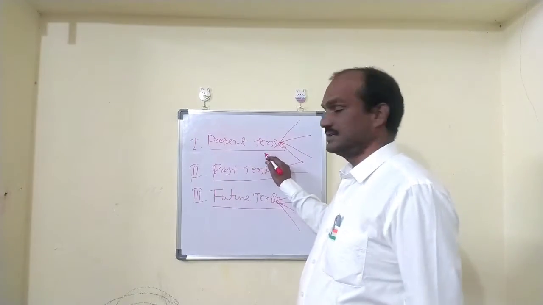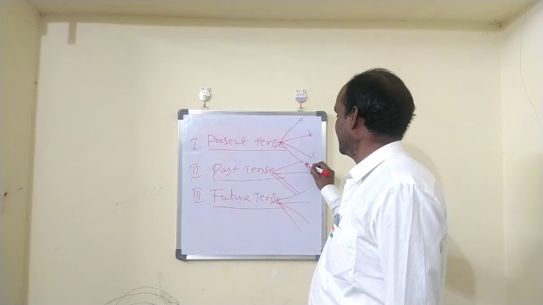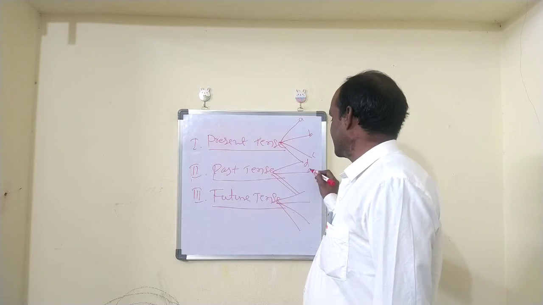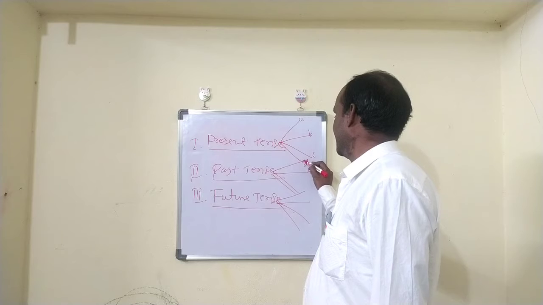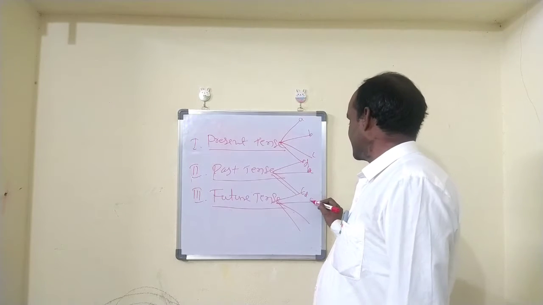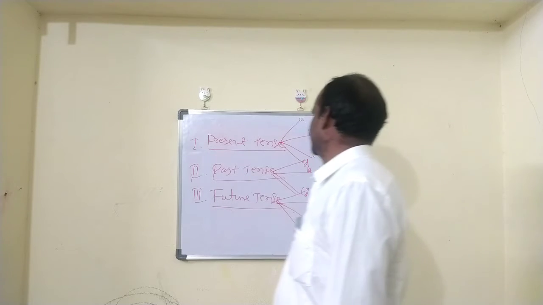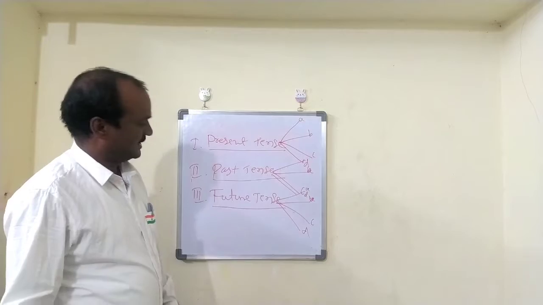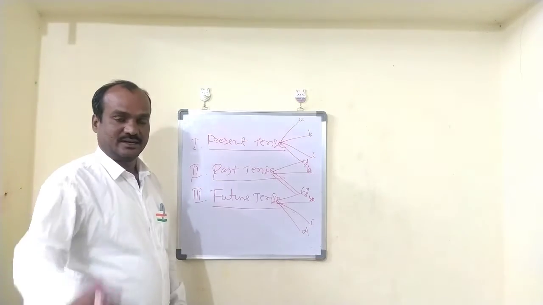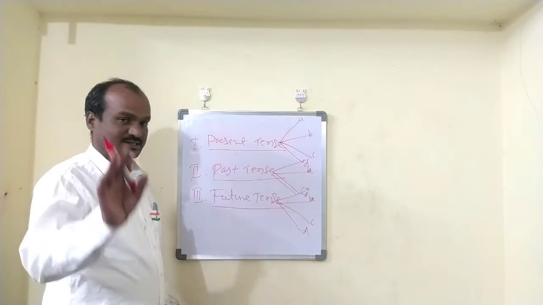This is present tense: A, B, C and D. Again past tense: A, B, C and D. Again future tense: A, B, C and D. So totally you will find 12 tenses in all. Basically tenses are of three types.